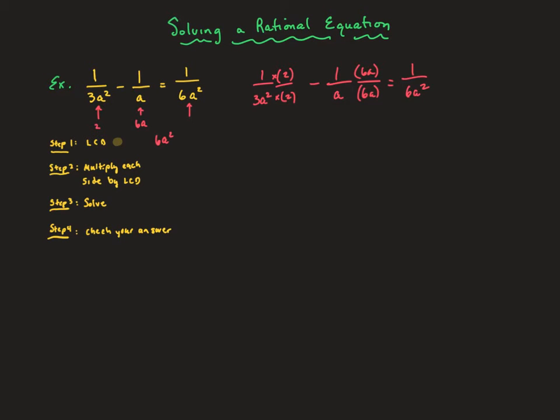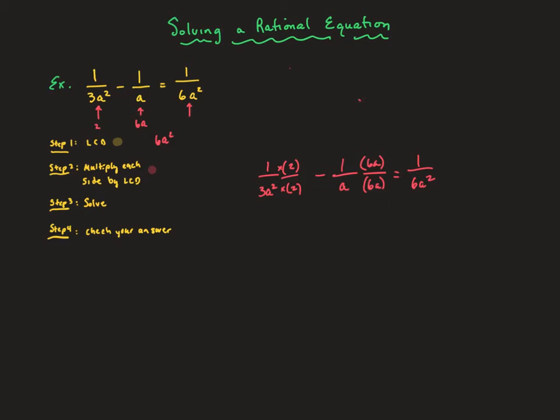That was step 2: multiply each side by the least common denominator. Tell you what, let's back up one step and forget we did that yet. So multiply each side by the least common denominator.